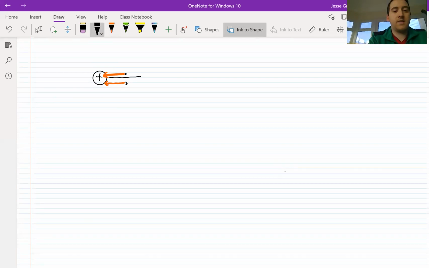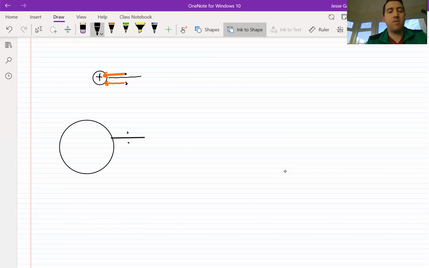Let's consider a second atom in the same situation. It's got a covalent bond, but this time the atom has a much bigger radius. The atomic radius is much bigger. We know that the positive nucleus is in the center of the atom, where the nucleus is. So the nuclear charge is in the center.